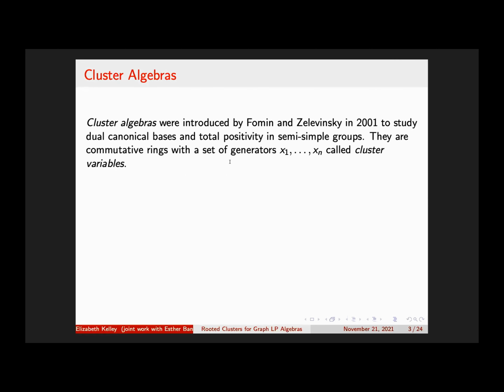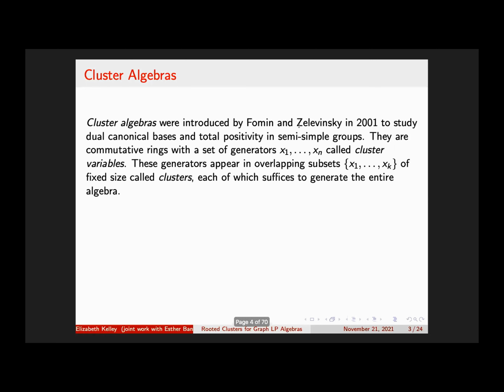Okay, so first of all, for those who have not seen cluster algebras before, these were introduced in 2001 by Fomin and Zelevinsky, and they're commutative rings with a certain set of generators, x1 through xn, called cluster variables. And these generators appear in overlapping subsets of fixed size called clusters.